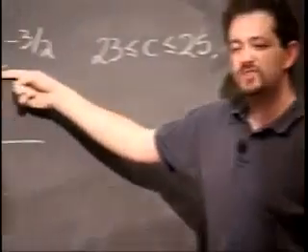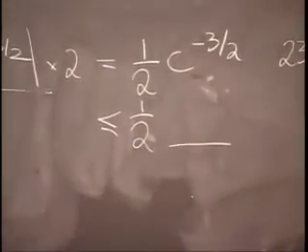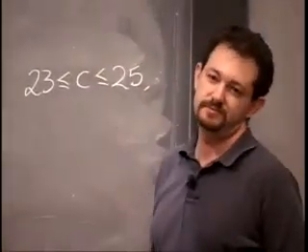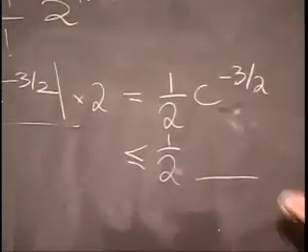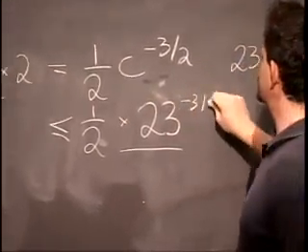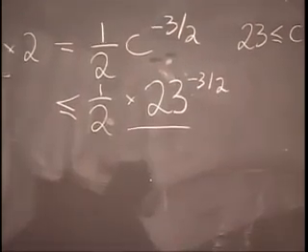Well, 25 to the minus 3 halves or 23 to the minus 3 halves. Is this function decreasing in c or increasing in c? When c gets bigger, does this get bigger or smaller? It gets smaller. So the biggest value is at 23 to the minus 3 halves. And who knows what that is, but I'll tell you one unfortunate fact.